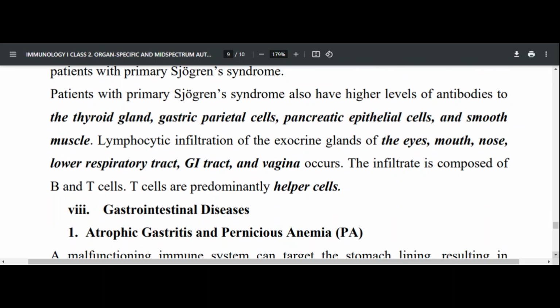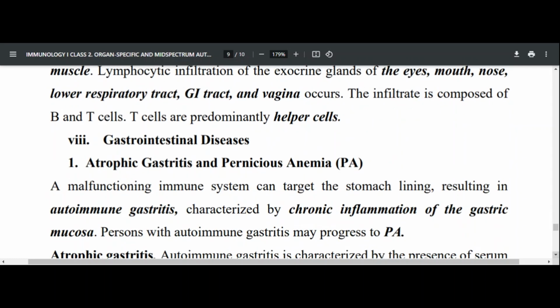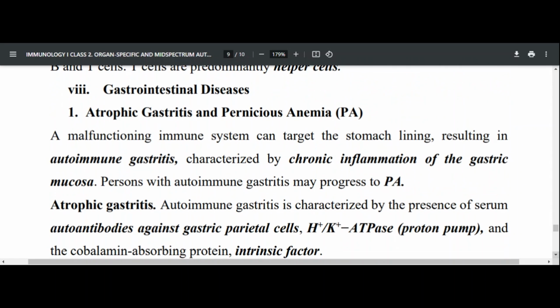We also have gastrointestinal disease, for example atrophic gastritis and pernicious anemia. Remember that pernicious anemia is an autoimmune gastritis, which leads to autoantibodies that are able to recognize and destroy intrinsic factor.